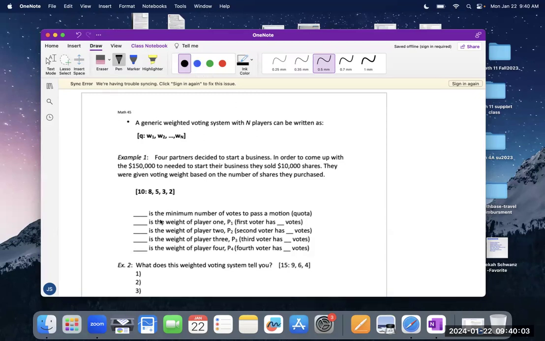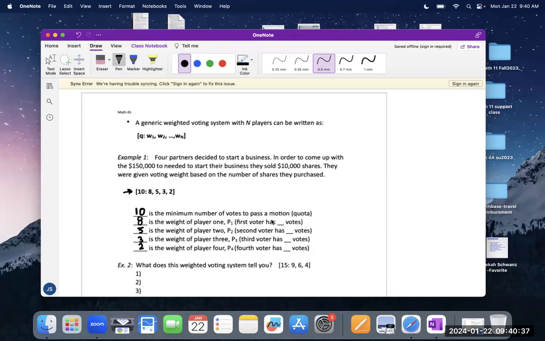So we can fill this in here. Blank is the minimum number of votes to pass a motion. So that's 10, and it's also the Q. That's the notation for it. Blank is the weight of player 1. So 8 is the weight of player 1, 5 is the weight of player 2, 3 is the weight of player 3, and 2 is the weight of player 4.